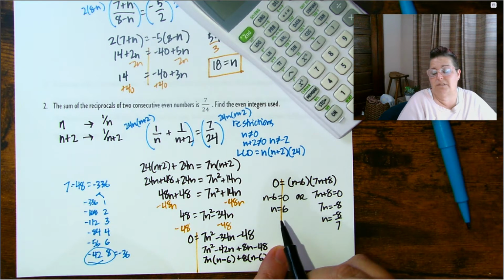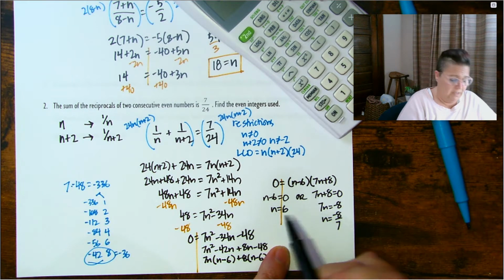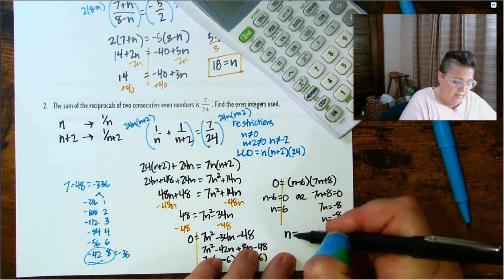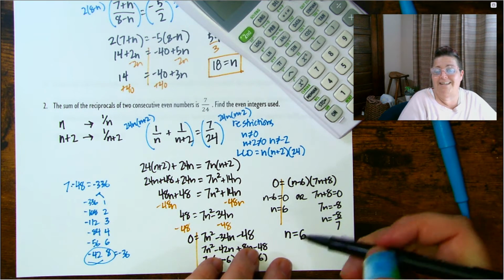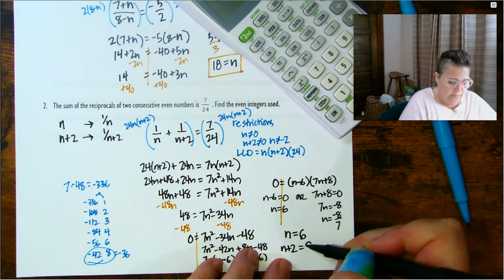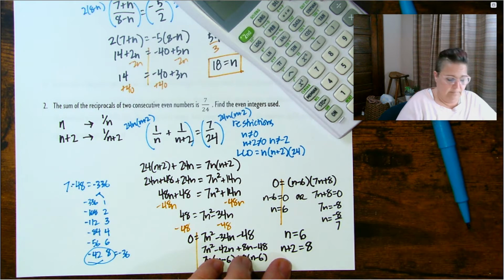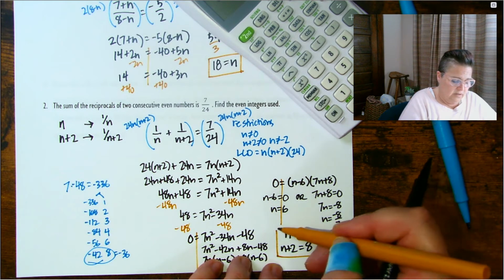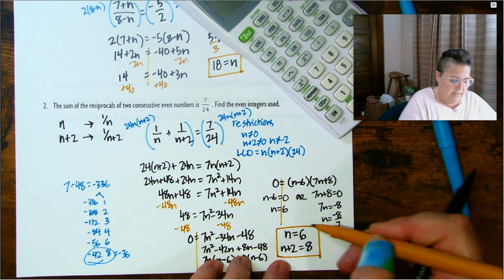Only n is equal to 6 is an integer, let alone even. So this is my even integer. If my n is equal to 6, then my next even integer is n plus 2, which is 8. So my two solutions are 6 and 8.